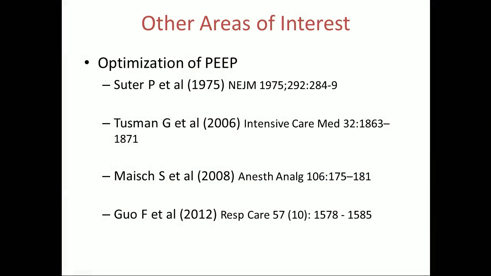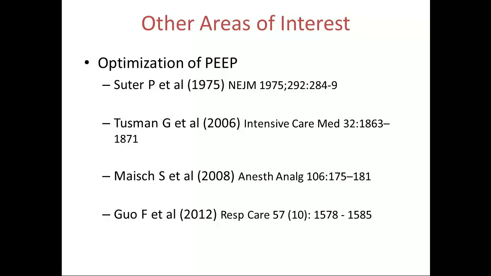People have also used dead space to look at optimization of PEEP. In the first paper by Suter in 1975, published in the New England Journal, a real seminal paper. Effectively, the theory behind it is that if you've got inhomogeneity in your alveoli and your alveoli are closed, what you get is inefficient ventilation, and that leads to a high dead space. As you open up the alveoli, you're getting better VQ matching, more homogeneous ventilation, and your dead space would drop.